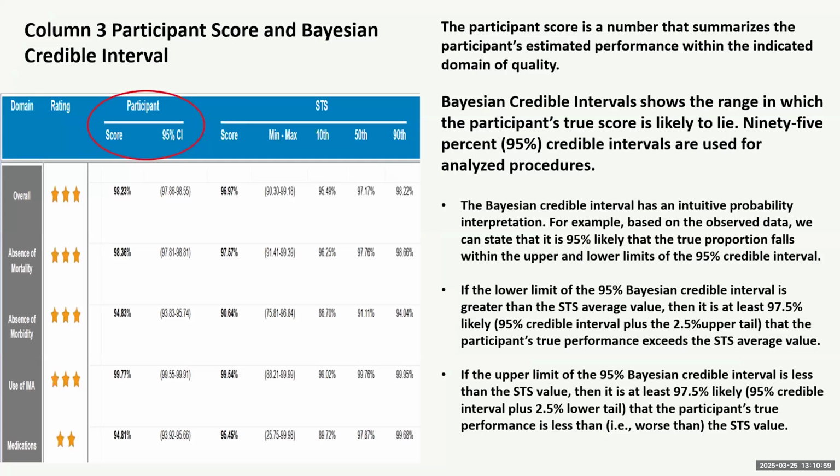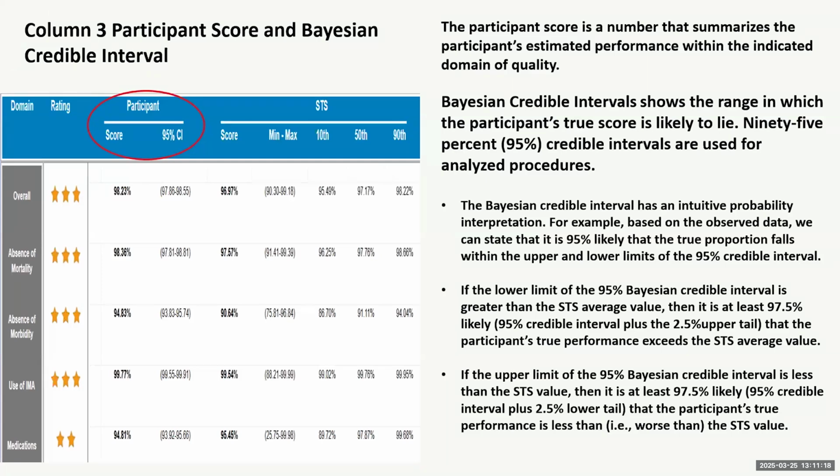The smaller the confidence interval, the more reliable the results are because you have a larger population. A larger population is going to shrink your confidence interval because we're able to say with more certainty how your site is performing for a specific outcome.